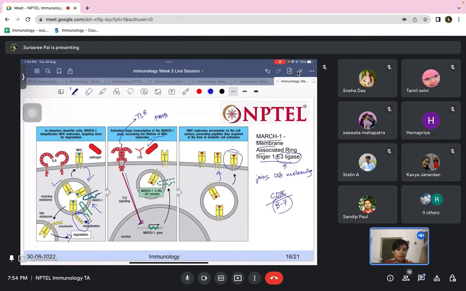It is associated with any of the proteins which are to be degraded, and once the ubiquitin molecules bind to the protein, it is targeted for proteasomal degradation. So it is available very abundantly in the cytosol.